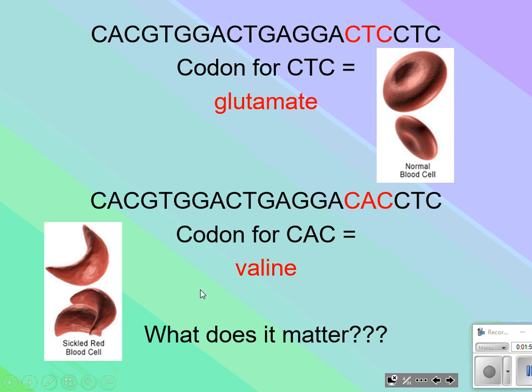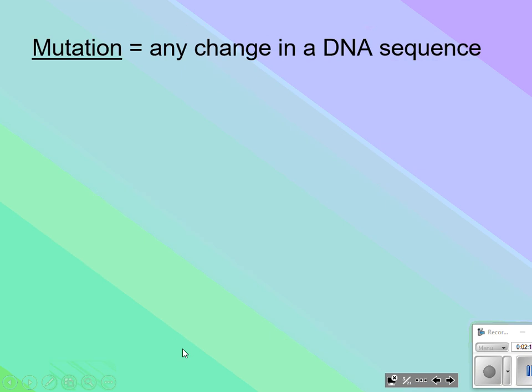So, by changing that one letter from that T to that A, one letter, it changes from a normal blood cell to a sickled red blood cell. All right? So does it matter? Yeah, it does.